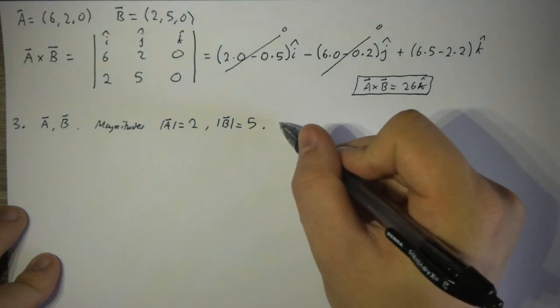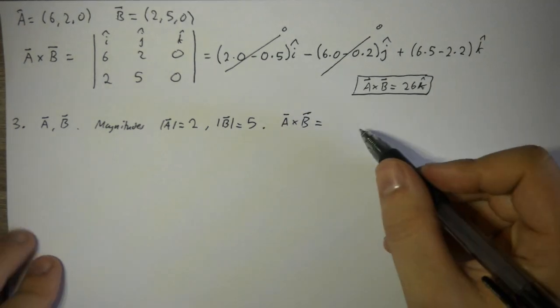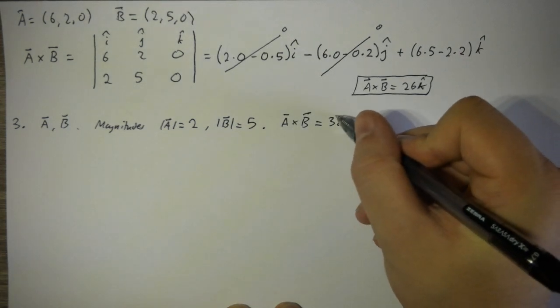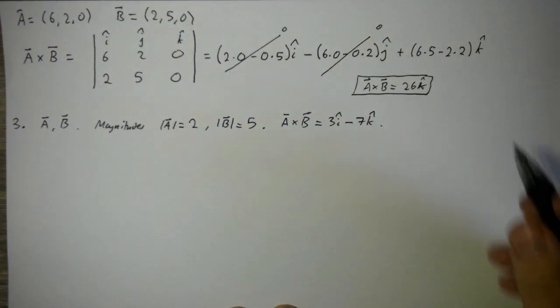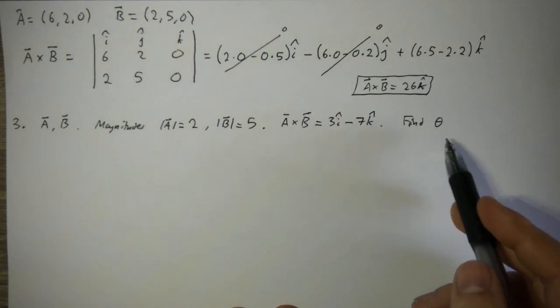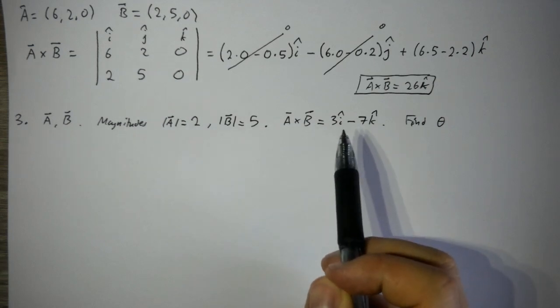We're also given the cross product of the two vectors. So we're not solving for the cross product in this problem, but we're given it, and we're asked to find theta. So we're finding the angle between A and B that gives us this cross product vector.